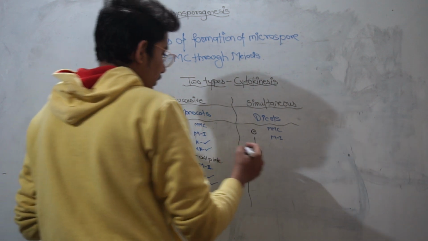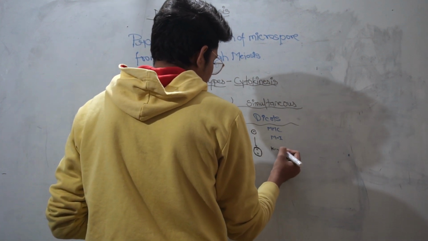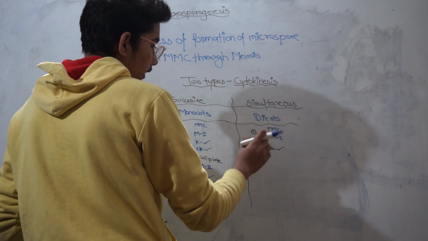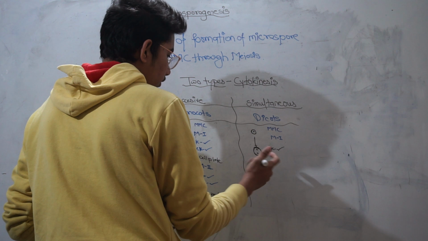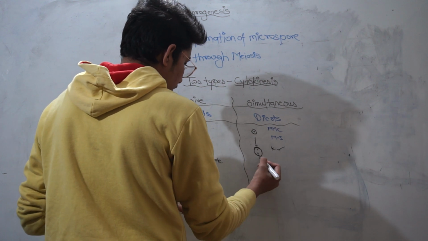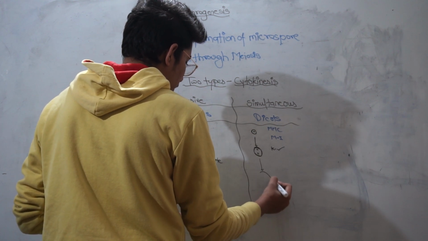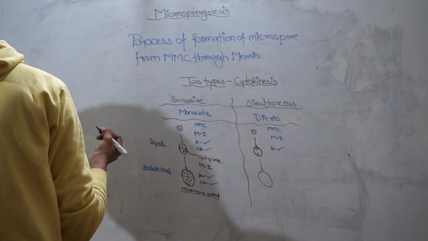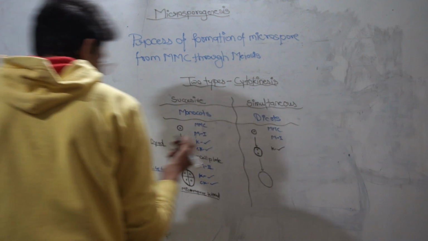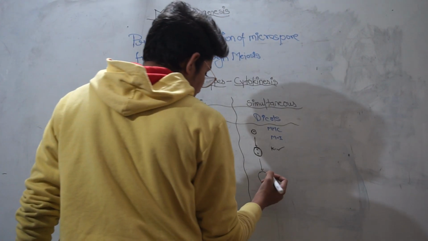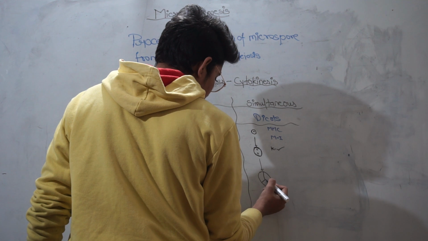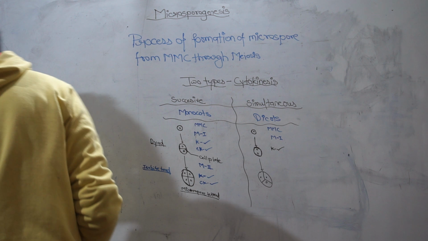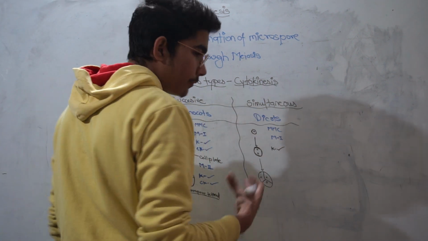So only karyokinesis is present, not cytokinesis, when it undergoes meiosis 1. Now after this, when it undergoes the second phase, that is meiosis 2, cytokinesis takes place, and it shows a shape like this, a tetrahedral type of shape.